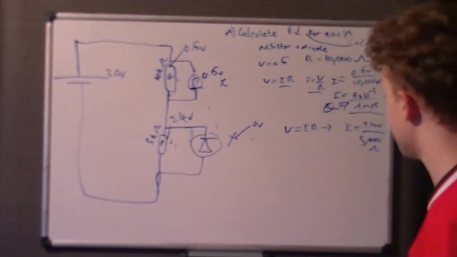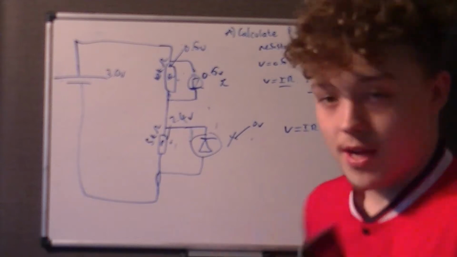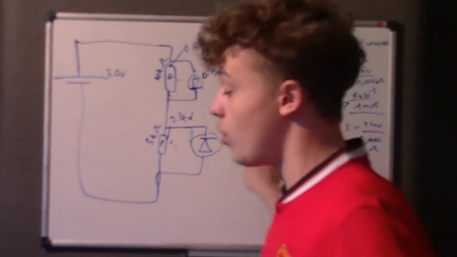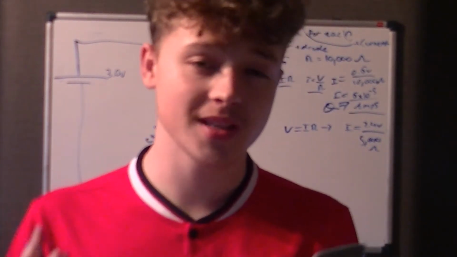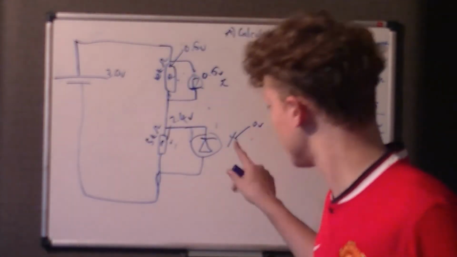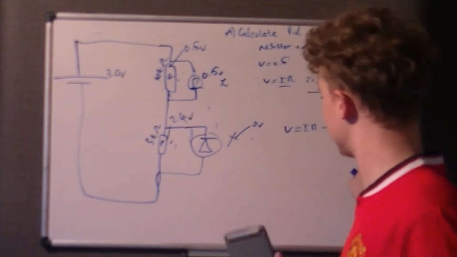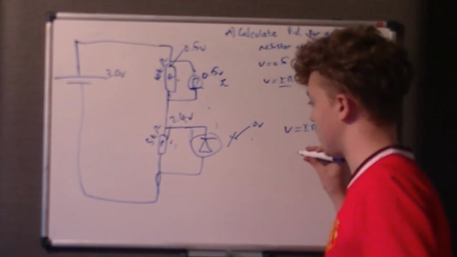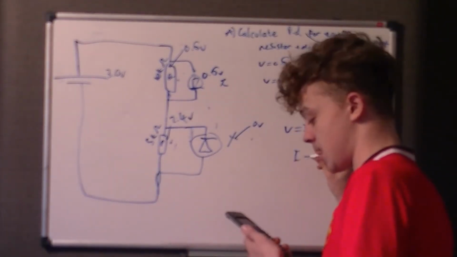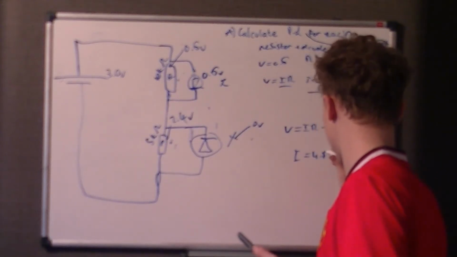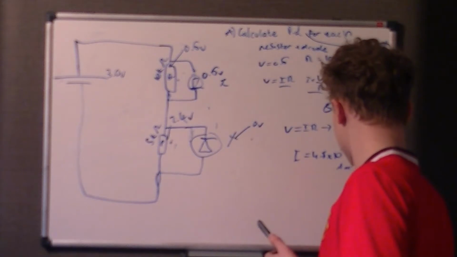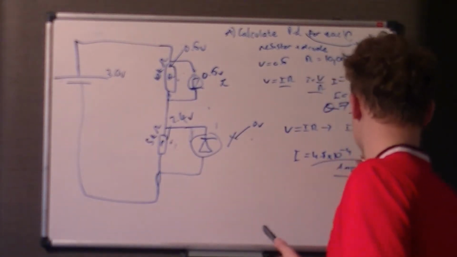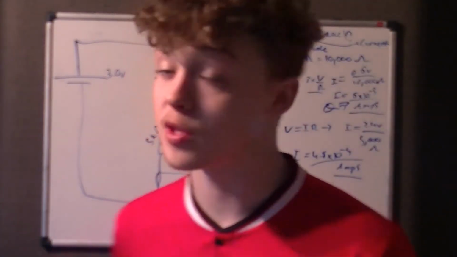Right, I know I'm going with this. So, if I said before that at Y we have not got a current flowing through the circuit, then that tells you that all the current is going to be whatever the current at P is. So it's going to be 4.8 times 10 to the minus 4 amps. So that is a current throughout the whole of the circuit.